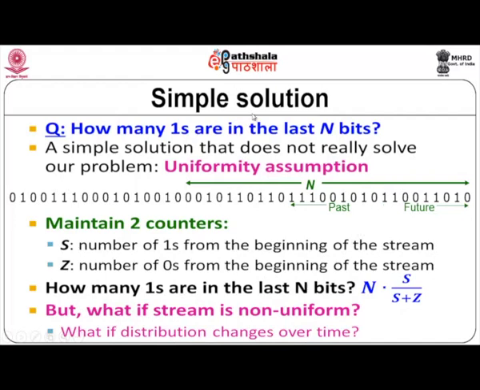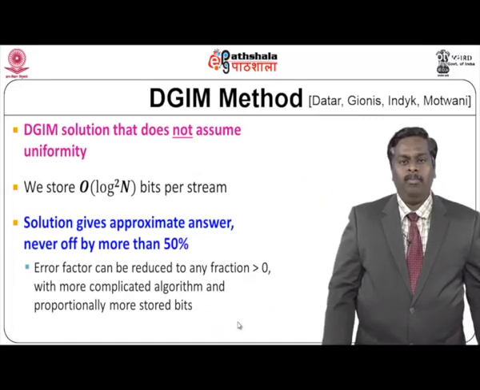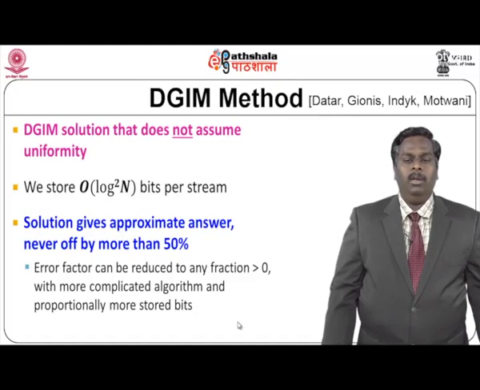Now, I already mentioned you will have to make a uniformity assumption. Suppose the stream is not uniform, in other words, the distribution is going to change over time, then this approach may not work. Therefore, you will have to go for an approach called the DGIM method. DGIM indicates Datar, Gionis, Indyk and Motwani.